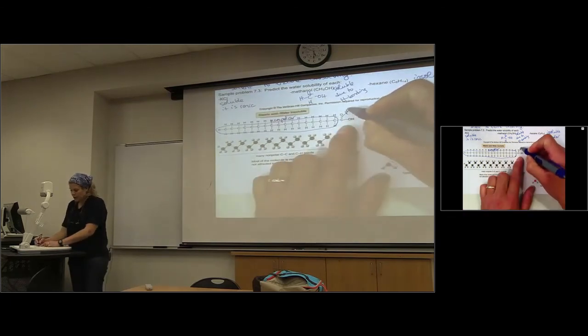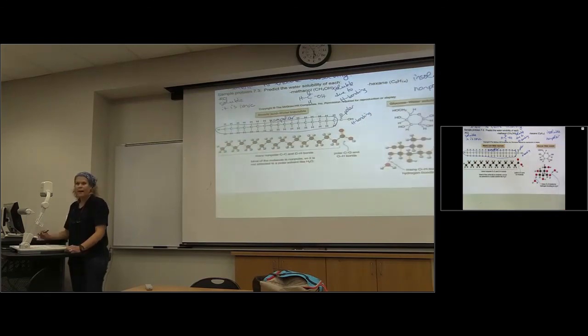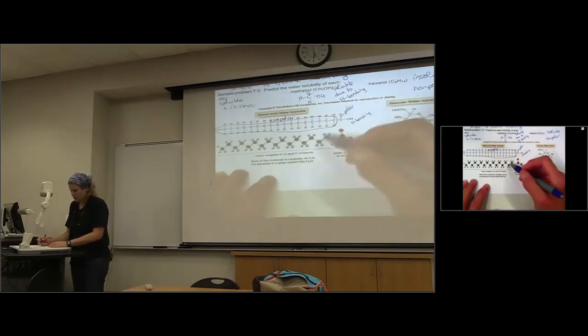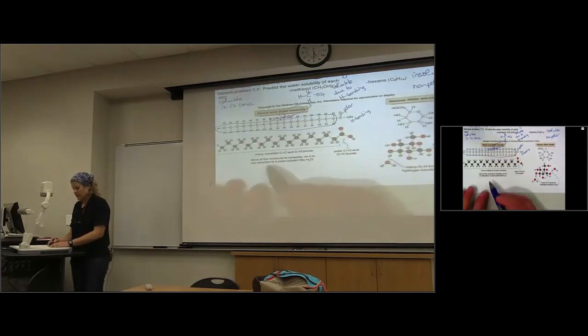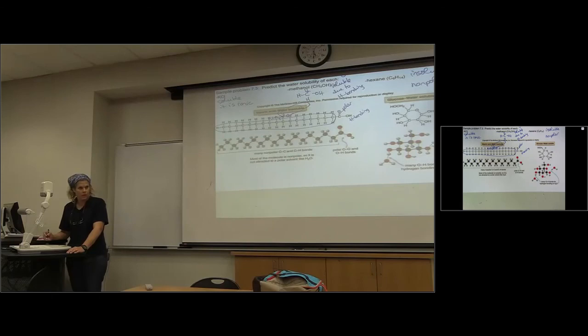Sure, it's got a little polar bond down here. Sure, it's got hydrogen bonding down here, but who's more powerful? That huge nonpolar section. And it tells you most of the molecule is nonpolar, so it is not attracted to a polar solvent like water. So it is insoluble in water.